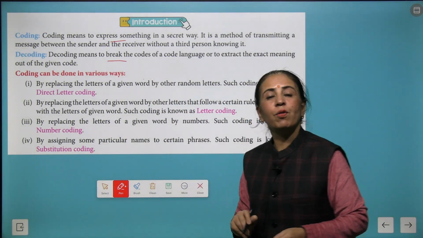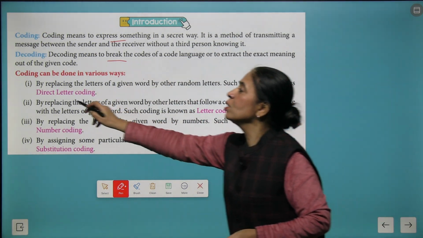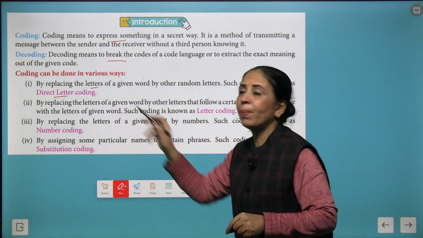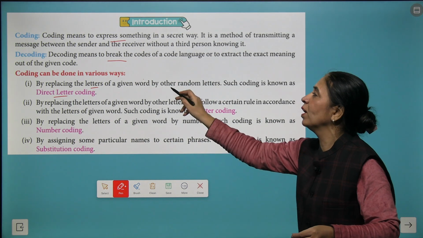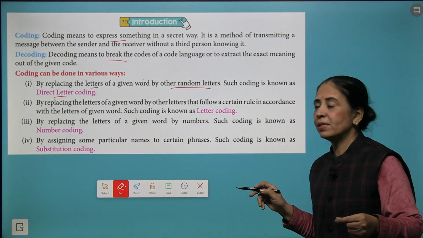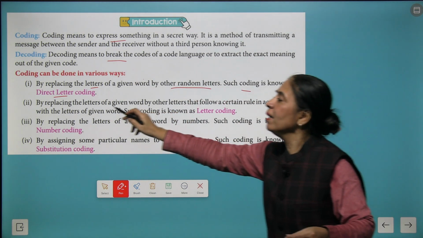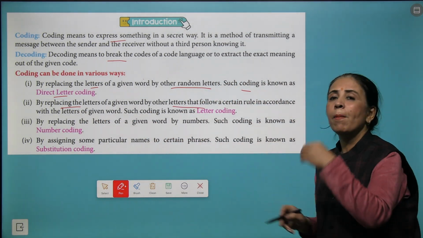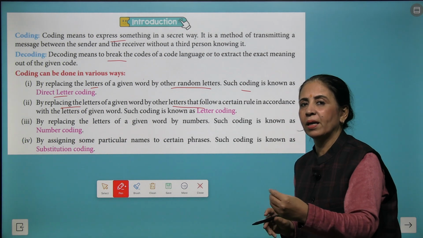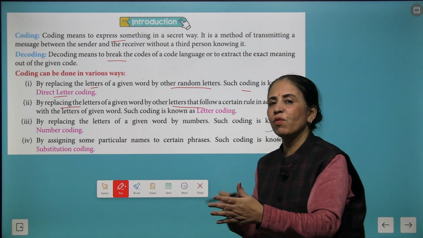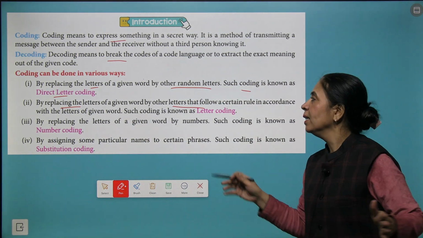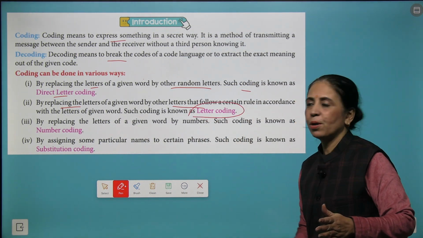Now there are different ways of coding. The first one is direct letter coding, where we just replace the letters of the given word by random letters. Then if we replace the letters of the given word following a certain pattern, it could be +1, +5, +6 every time with every alphabet, then we say that is letter coding.